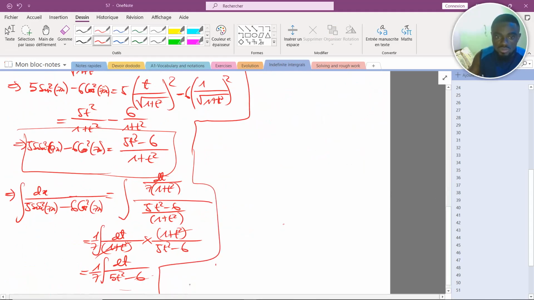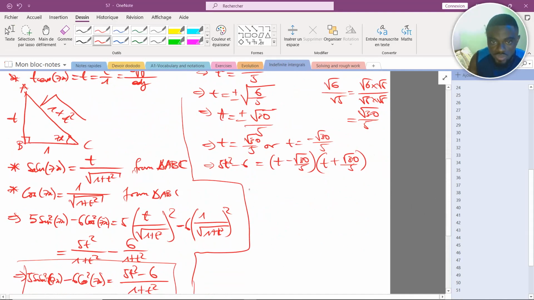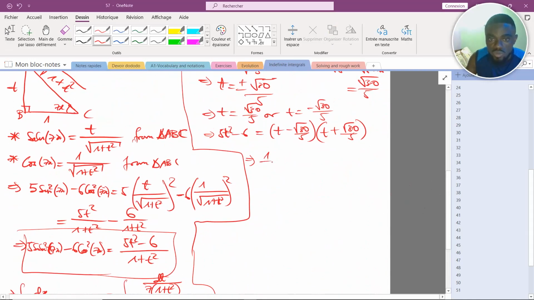So it implies 1/7 integral of dt all over 5t squared minus 6 will be equal to 1/7 integral of dt all over t minus root 30 on 5 into t plus root 30 on 5.